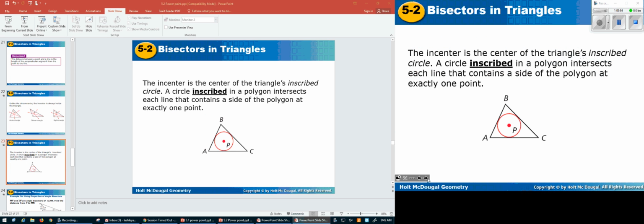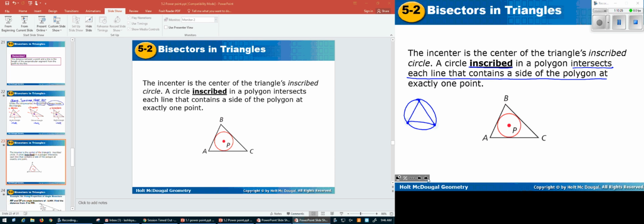And then we're going to look at why the theorem works again. So I told you first we had a circumscribed circle which went outside the triangle and touched the vertices, right? That was for the circumcenter theorem. If your circle's inside the triangle, it's called an inscribed circle. The circle is considered inscribed if it intersects the polygon on each line that contains a side of the polygon.